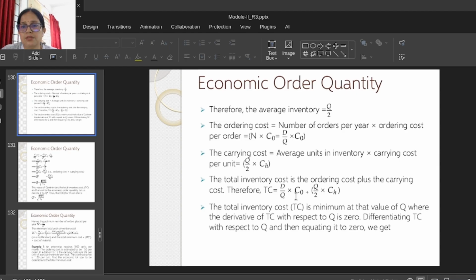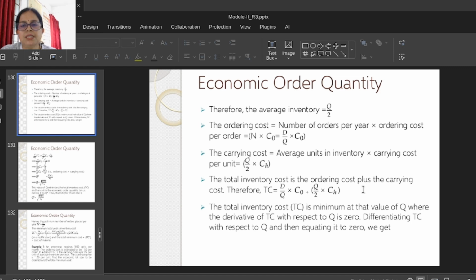But when we are purchasing the material, we have to pay some money per unit. So we need one more cost, called the purchase cost, that is the purchase price of each unit we are paying to the vendors or the suppliers.